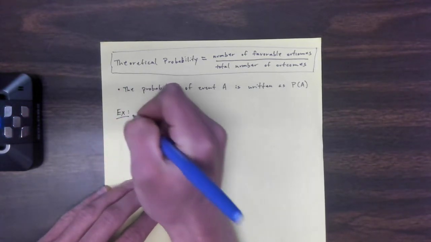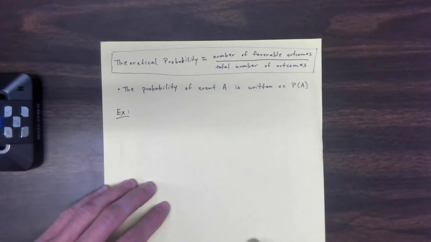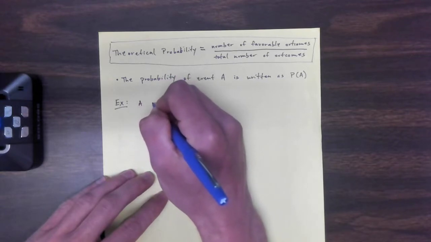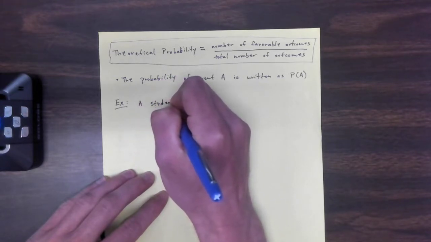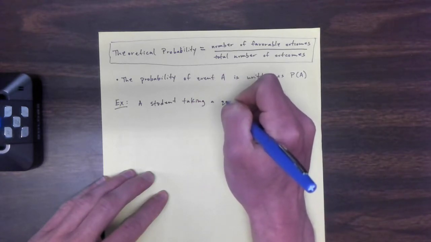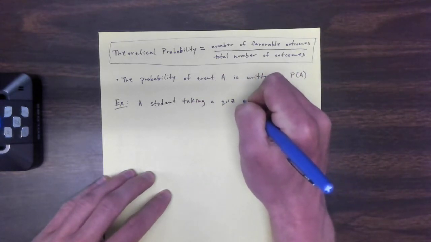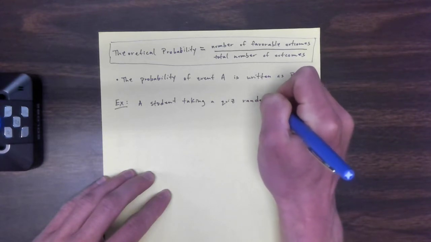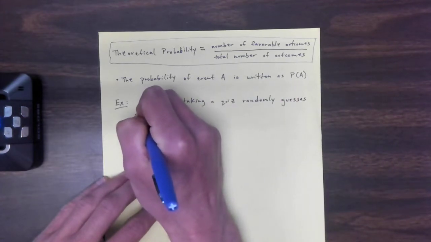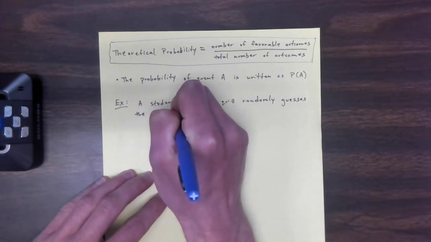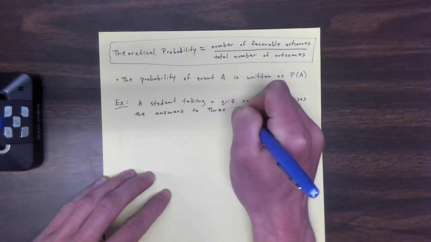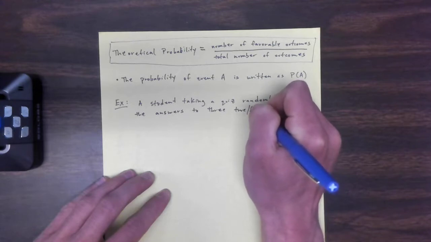Let's look at an example. Let's take the next few minutes to finish with an example. So the example here is that a student taking a quiz randomly guesses the answers to 3 true or false questions.